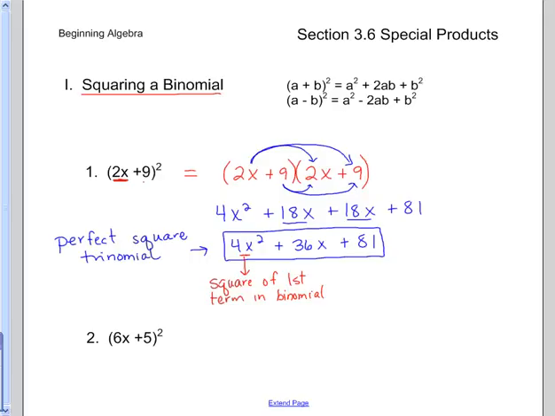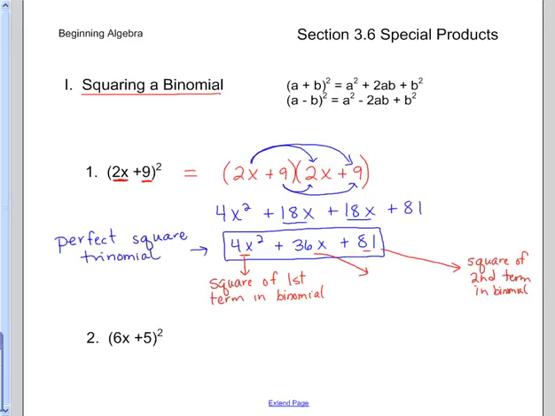And my last term is the square of the second term in the binomial. So again, look at our original problem. The second term is a 9. If I square 9, 9 times 9 is going to give me 81. What really makes this a perfect square trinomial is this middle term.